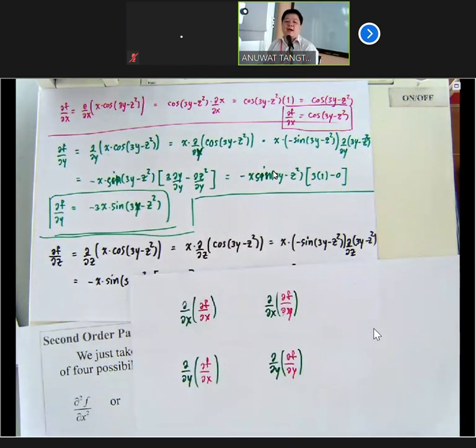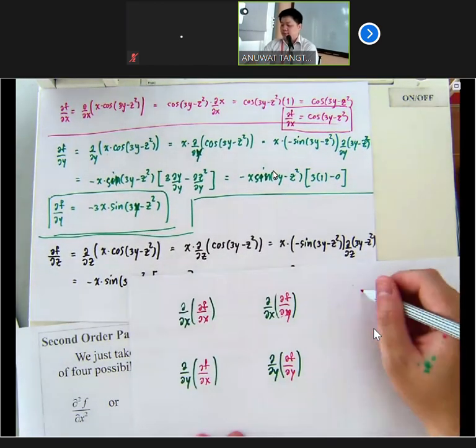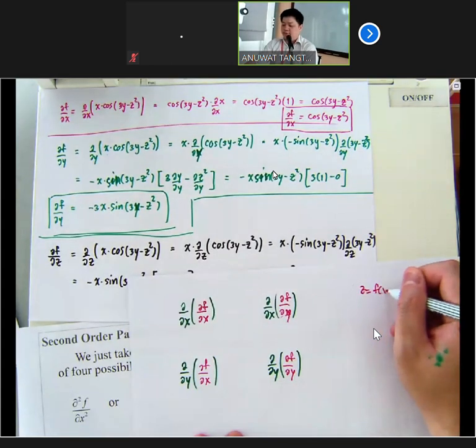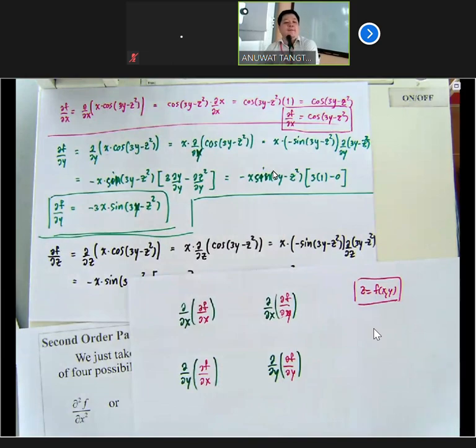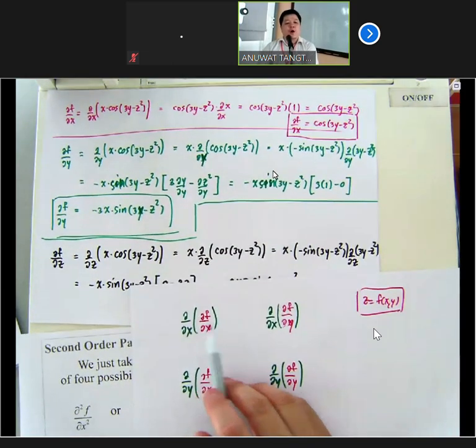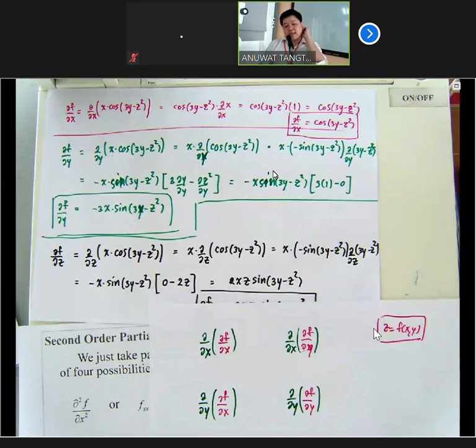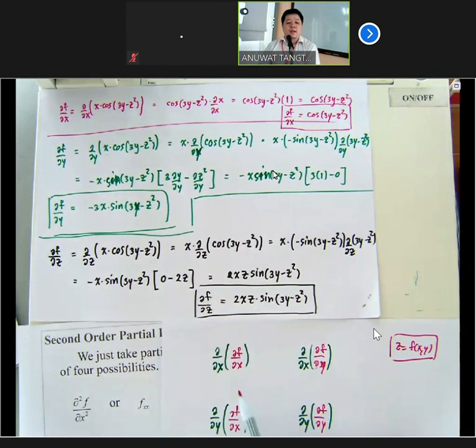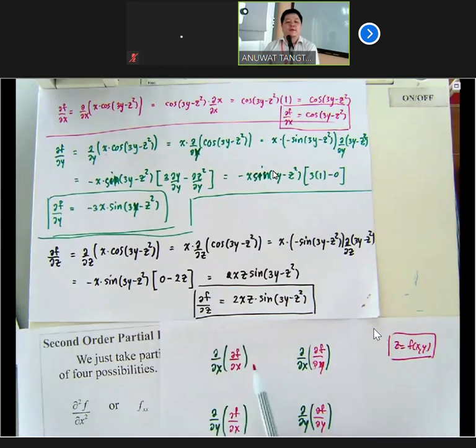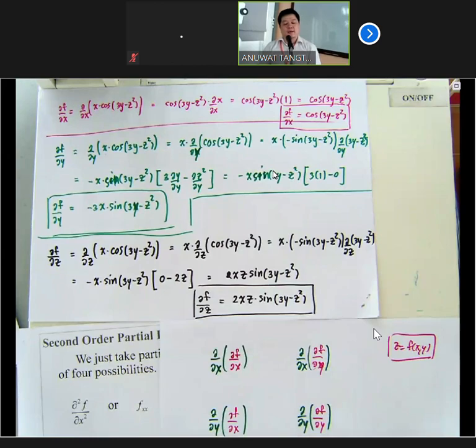So we conclude that for the case of a function of two variables, there will be four types of second order partial derivative. Okay, because we have two first order partial derivatives, and we have another two choices to apply another derivative to it. So 2 times 2 becomes 4 forms of the partial derivative.